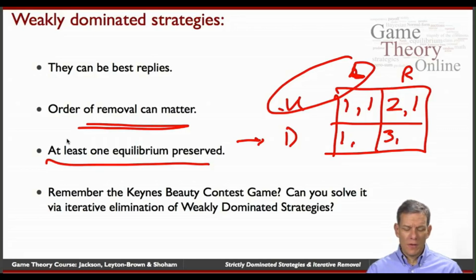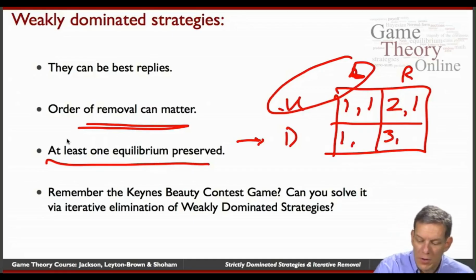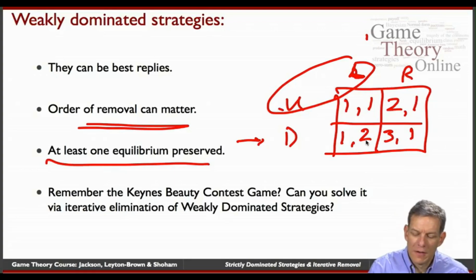But it's not as tight as strict domination, because there are situations where you might want to play a weakly dominated strategy if you were sure that the other player was going to go in a certain direction. So for instance, here, if we put in, say, 2, 1, then if we eliminate the column player's weakly dominated strategy first, so left weakly dominates right, we get rid of right, then what are we left with?